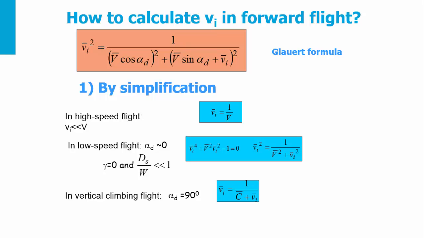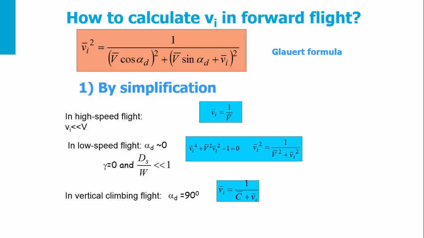Another approximation is in low speed flight. In low speed flight, the angle of attack of the disk is almost 0. And in this way, cosine of alpha d is 1 and sine of alpha d is 0.